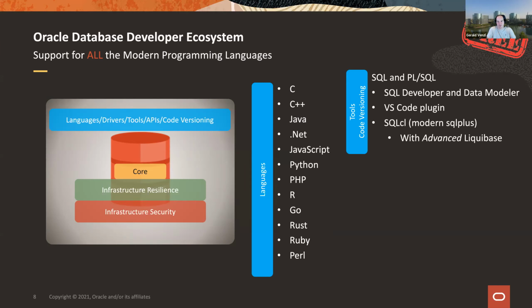But then on top of that, we offer SQL and PL/SQL. Our SQL engine, we think, is the most sophisticated, most advanced SQL engine when it comes to analyzing and managing your data, especially on a large scale. And PL/SQL is the most advanced in-database programming language, right?